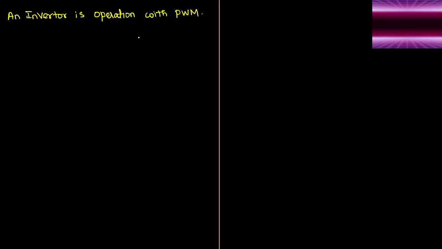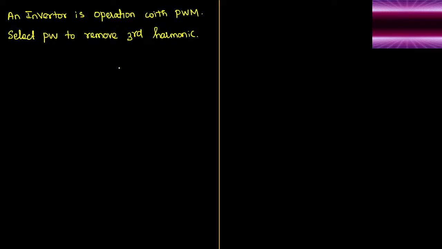What they are trying to do is select the desired pulse width to remove the third harmonic.